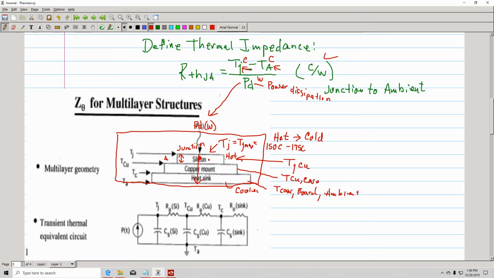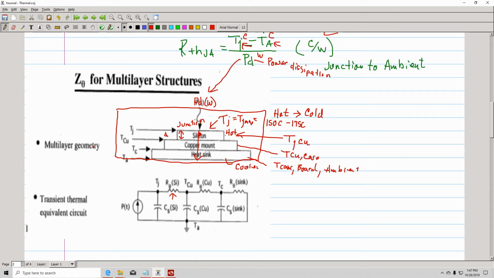Each stage is represented by a resistor. This is representing the junction, TJ. It's going to have a certain voltage, and that voltage is equal to a certain junction temperature.